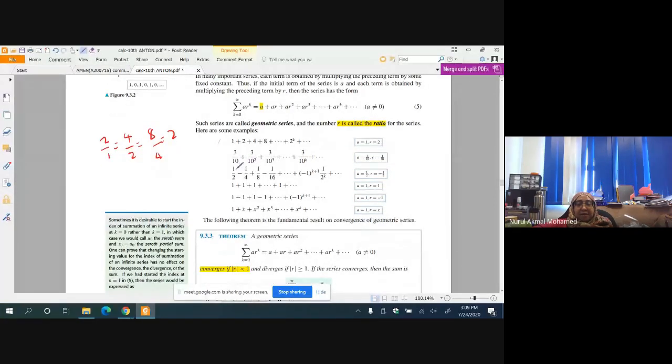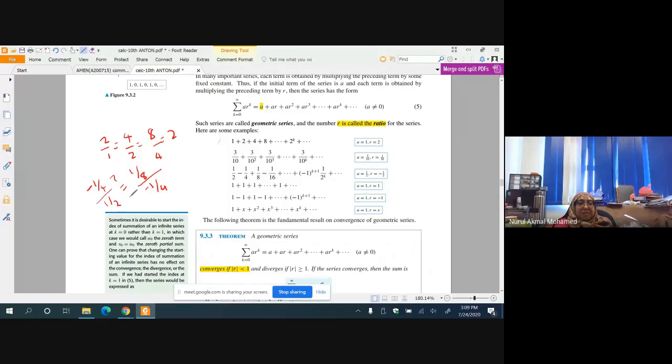And then like this one, the a is 1/2, negative 1/4. Negative 1/4, you divide by 1/2. What is the value? Is it the same as negative 1/8 divided by negative 1/4?